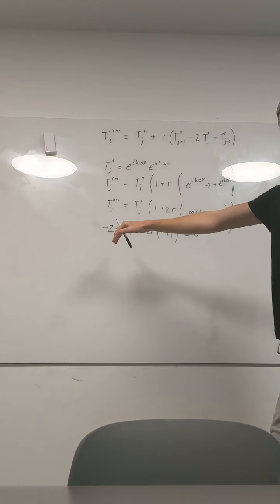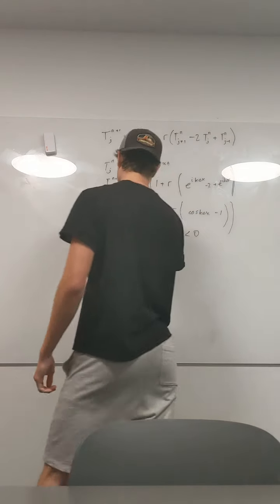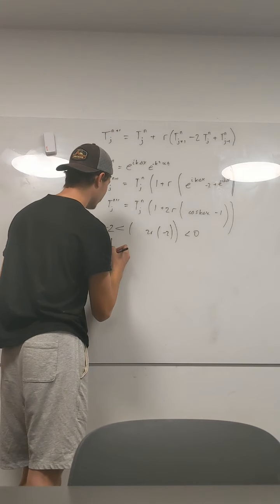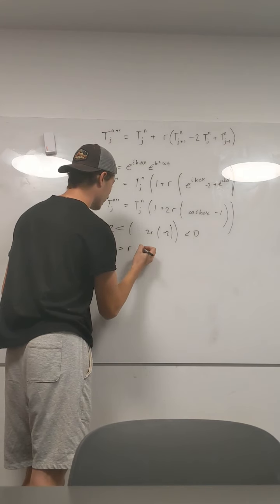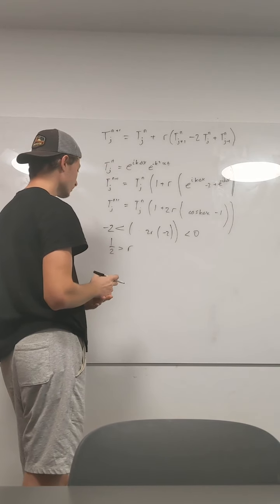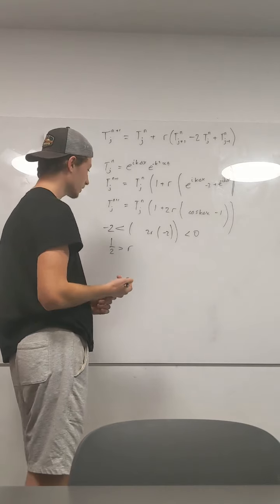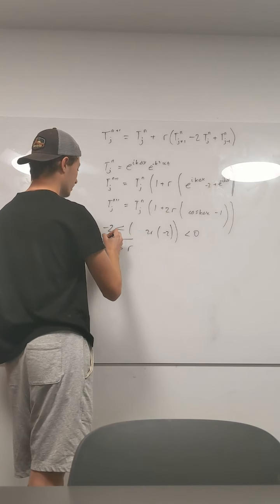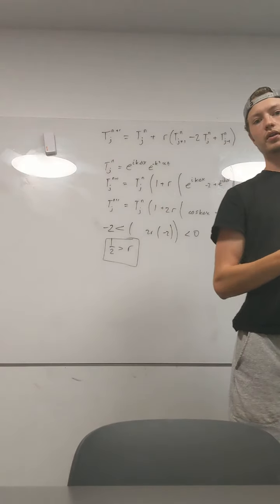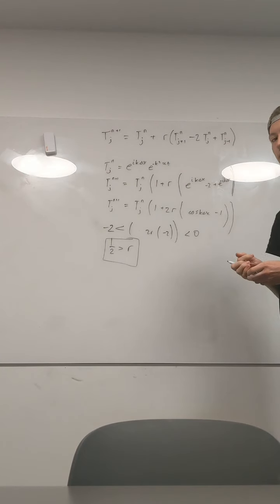Subtract -4 from this side over here, and since we're subtracting by a negative, it flips it, so it's 1/2 greater than r. So r has to be less than 1/2 for the constraint for stability. So that is part 4 for the von Neumann stability analysis for the second equation, or the part 2 equation.